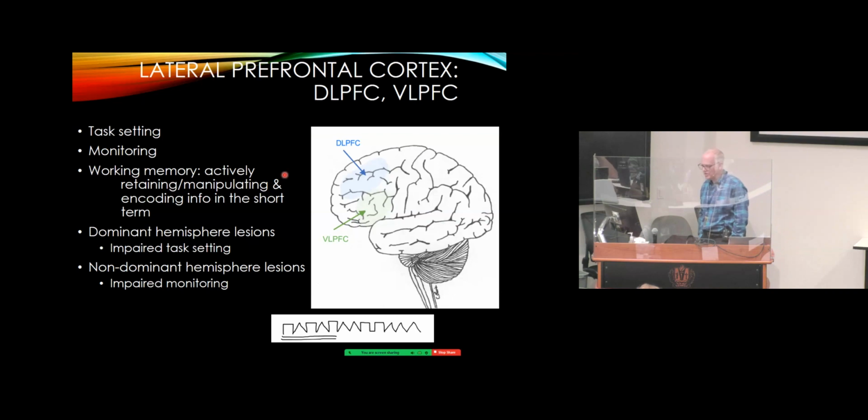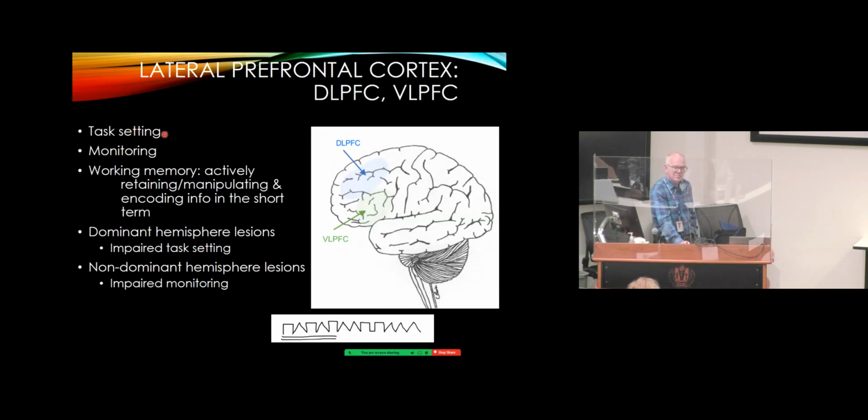Let's say a bit more here about the frontal lobe. This area of the frontal lobe here is called the prefrontal, the lateral prefrontal cortex. And you can see there's a dorsolateral and a ventrolateral prefrontal cortex. Every medical student has a highly functioning lateral prefrontal cortex because this area of the brain is involved in task setting.